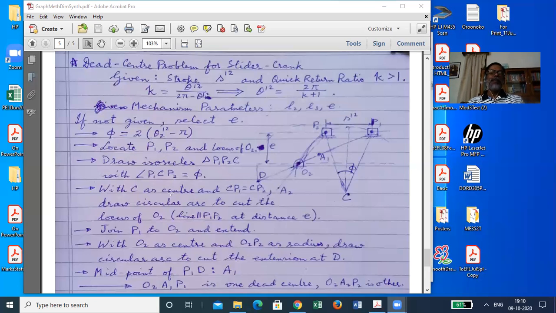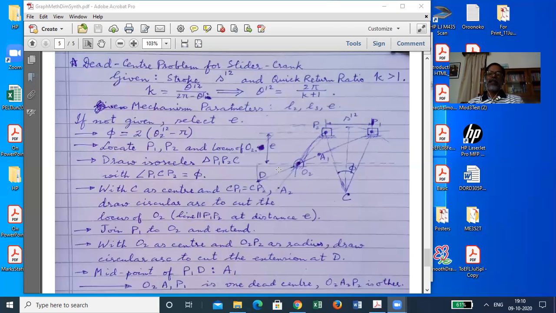Then the next step is the key step. With C as center and CP1 or CP2 as the radius, you draw a big circular arc through P1, P2, and continue.